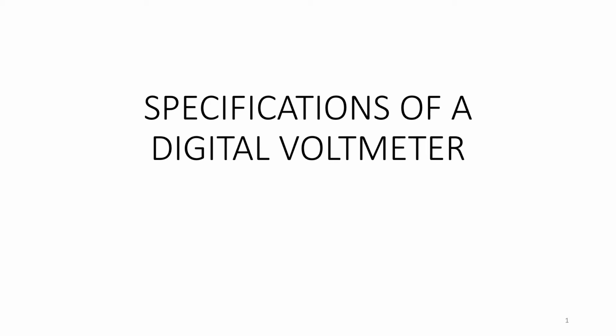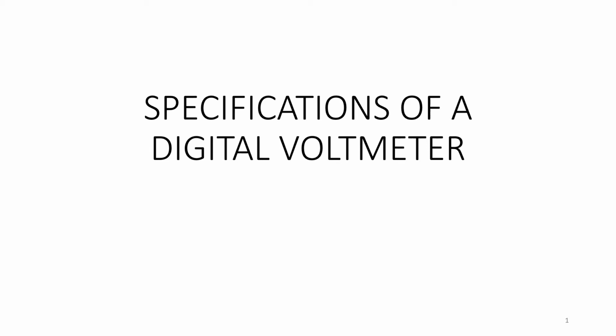Today, let us see the specifications of a digital voltmeter. Before we go to see the specifications of a digital voltmeter, we already know what a digital instrument is. The instrument which represents the measured value in the form of a digital number is known as a digital instrument.